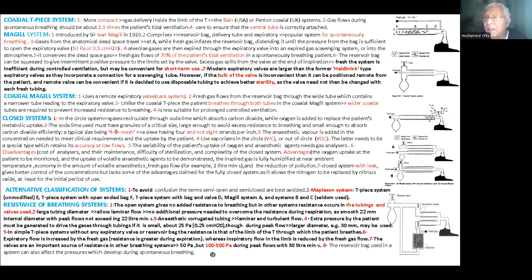Sometimes, of course, the valves ought to minimize the resistance. Whenever it reaches 10 to 50 Pascal, it will be a nuisance to the patient. So we ought to have special types of valve. All these are methods to minimize the resistance of the breathing system.